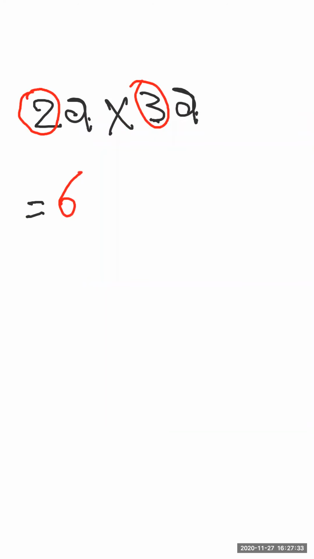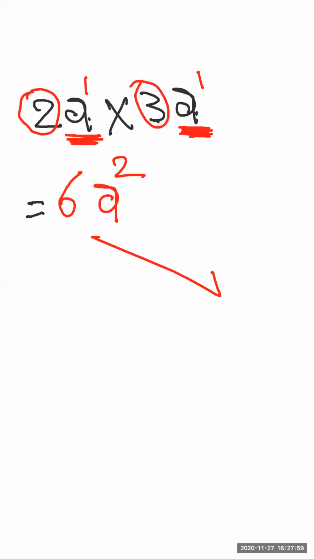And then multiply a times a. So now, like bases. Guys, please don't interrupt me until I finish, then you can ask. So a times a will equal a, this one to the power of 1 and this one to the power of 1. So it means 6a to the power of 2.